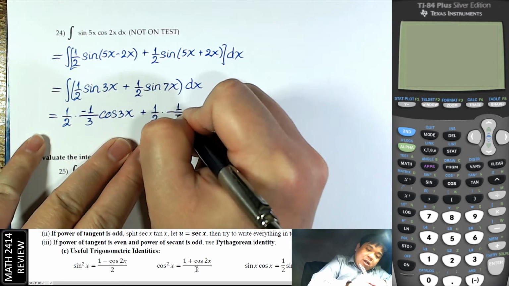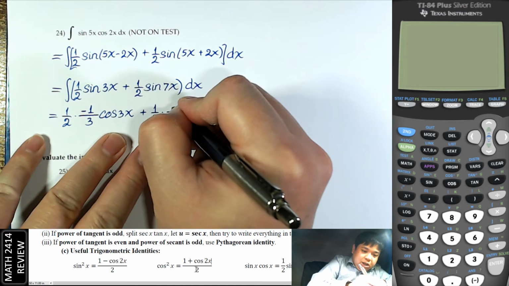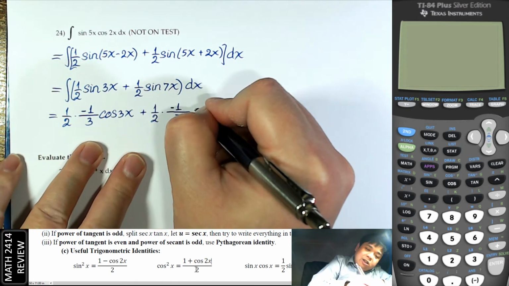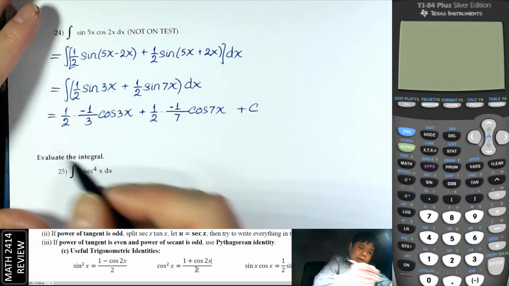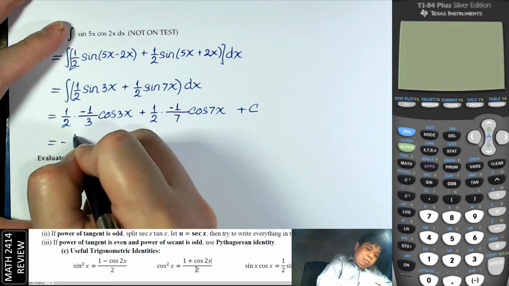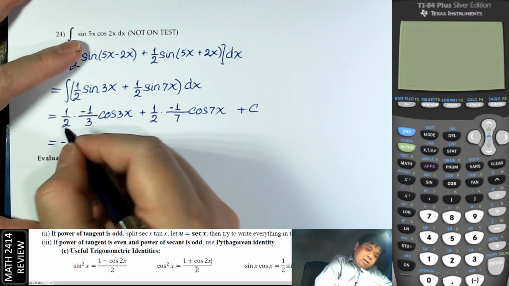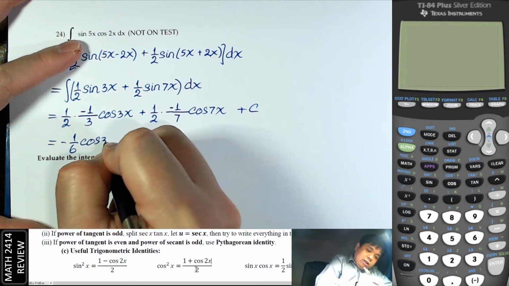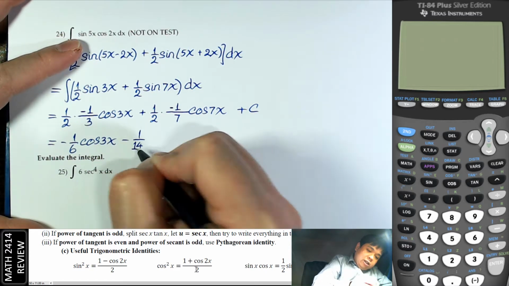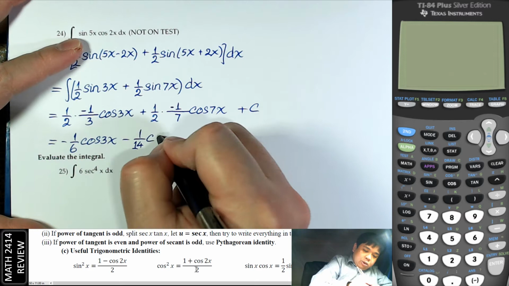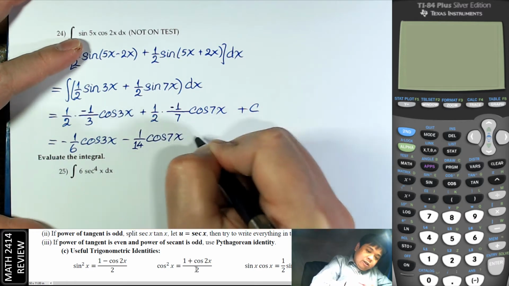It's divided by 7, and that's integral of sine is negative cosine. So that's negative 1/6 cosine of 3x minus 1/14 cosine of 7x.